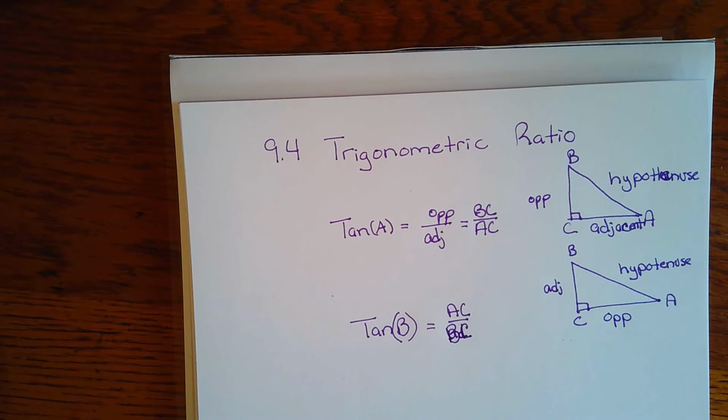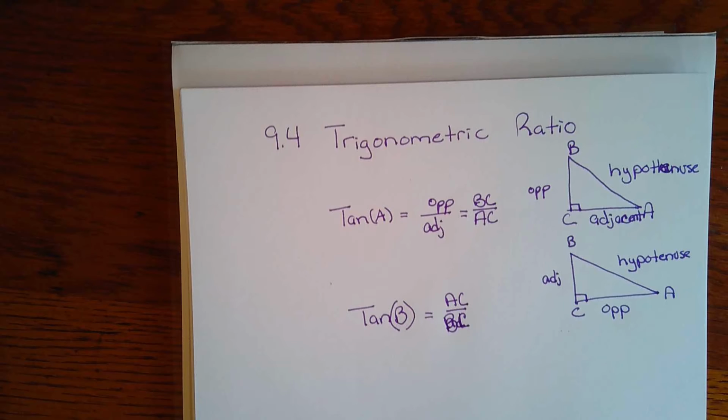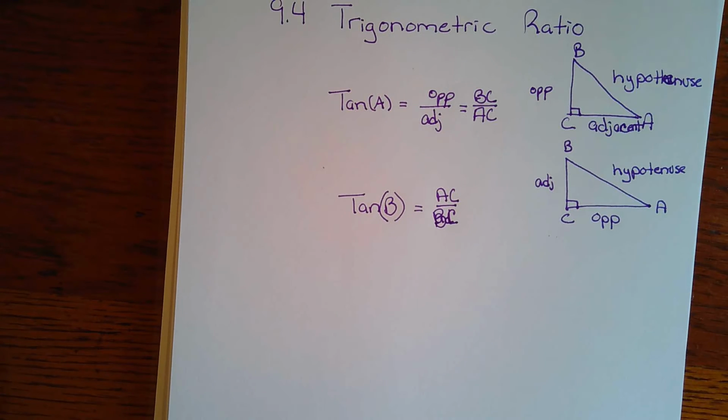So in the exercises we're going to look at next, which is on the next page, it's 1 through 3. And on these, what we're going to do is find out both of what those are. Now they're kind of playing with us a little bit, because they are going to switch the letters around on us, but we're going to be using the same ratio setups with our triangles.